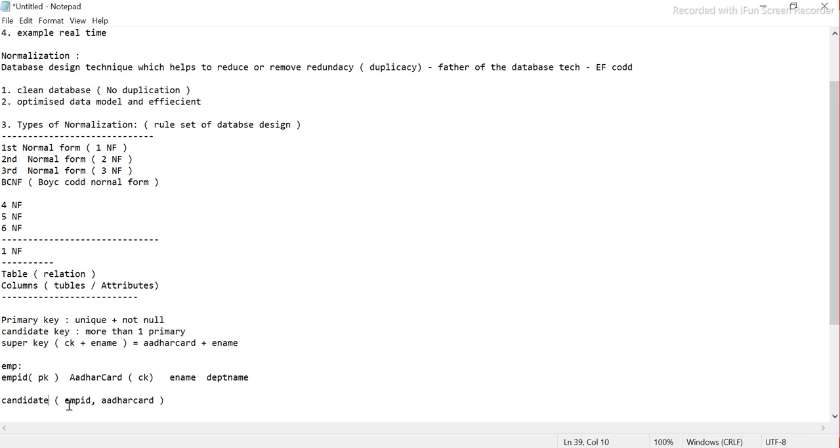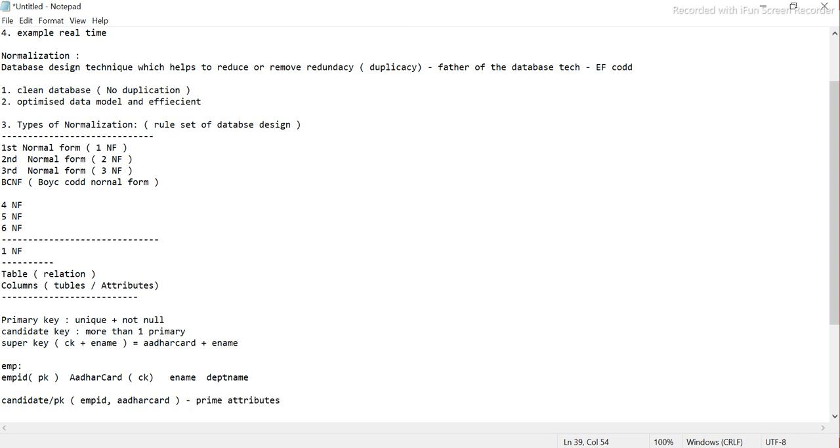Primary key or candidate key, guys, you can use alternatively. Don't worry about it. But what we are doing is taking those two columns to make a primary key or maybe a candidate key. In this case, these two attributes, which are part of the key, are called prime attributes. So just know this: prime attributes.